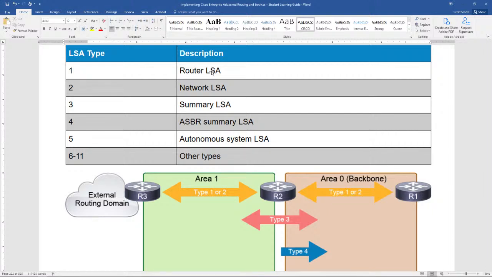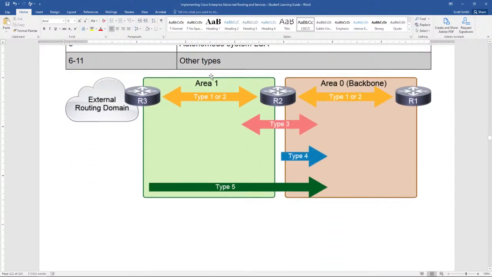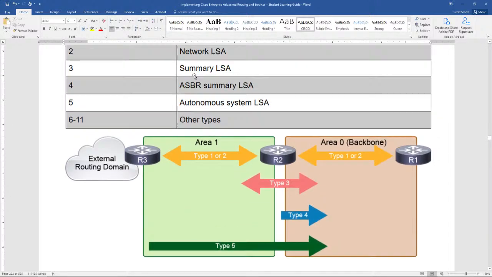A network LSA is generated by specific types of routers in our topology, and so on. So the entire purpose of this discussion, and ultimately the lab that we're going to be doing as part of it, is to identify who generates the different types of LSAs and what the purpose of those LSAs are. We'll take a look at them in Wireshark. We'll take a look at them in our database and really try to get a strong understanding of who generates different types of LSAs in the topology.